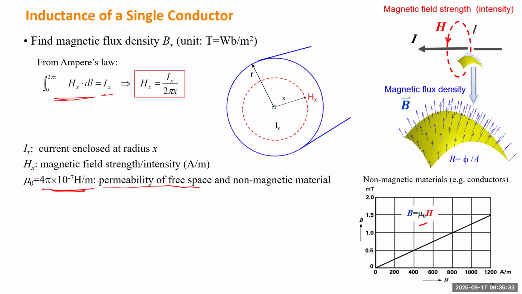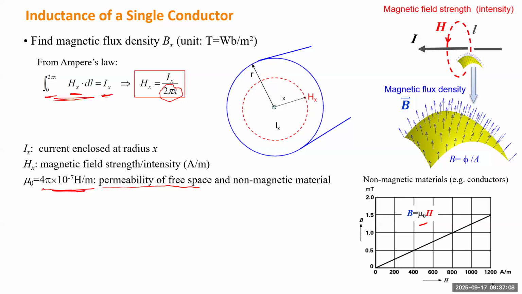If we integrate the magnetic field over a circle, that will tell you how much current is inside. The integration is very simple because we assume Hx to be constant, so we just integrate over the entire circle, which gives 2 pi x. So we have this simple formula we can use.